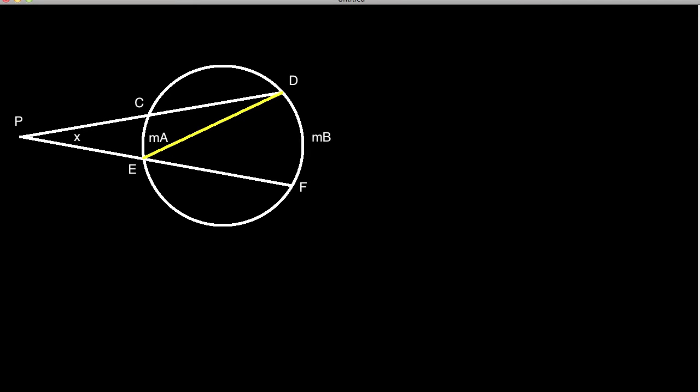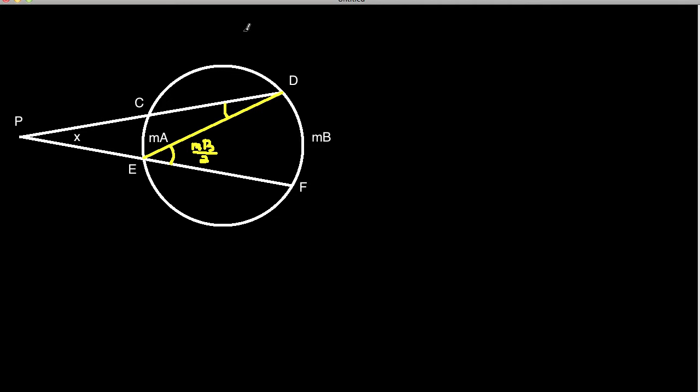So with that, it means that I can say that the size of this angle right here is the measure of B divided by 2, and the size of this angle right here is the measure of A divided by 2.